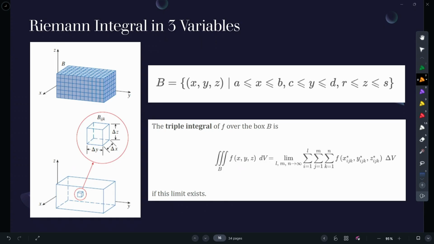So if you are thinking, what is it that I'm calculating if I integrate the function f over a region that is in 3 dimensions, you're actually computing some 4-dimensional volume, right? But the integral itself is running over space.